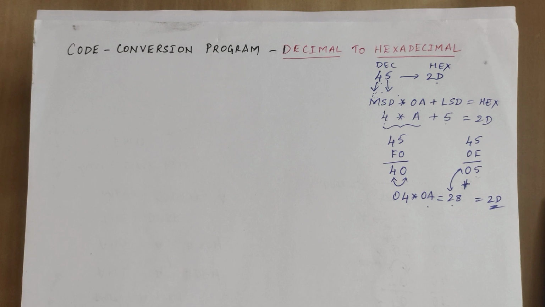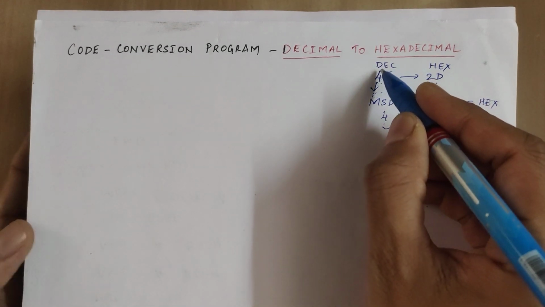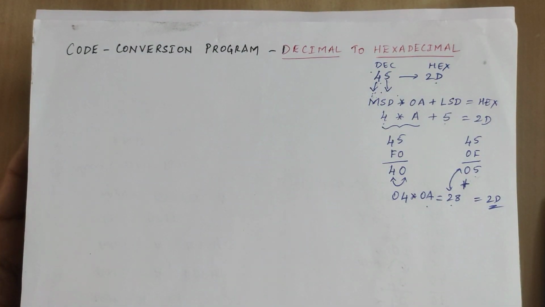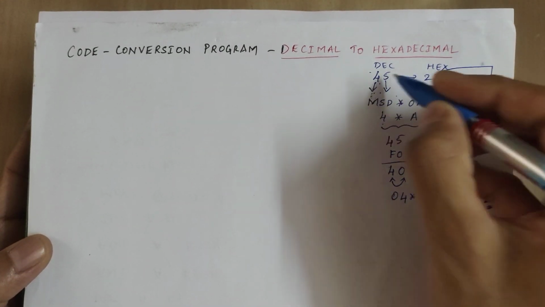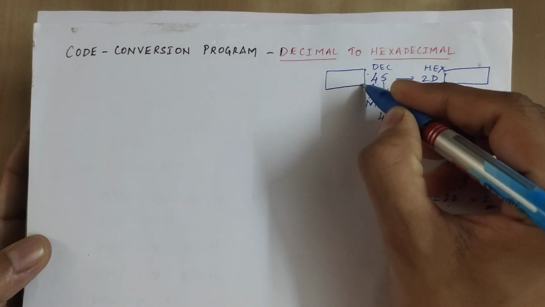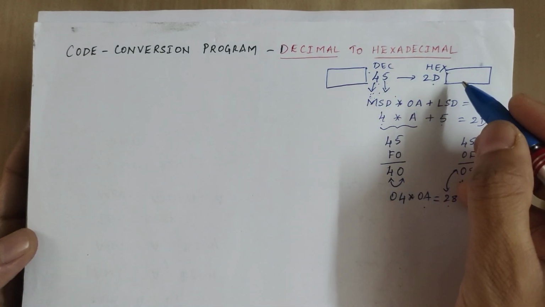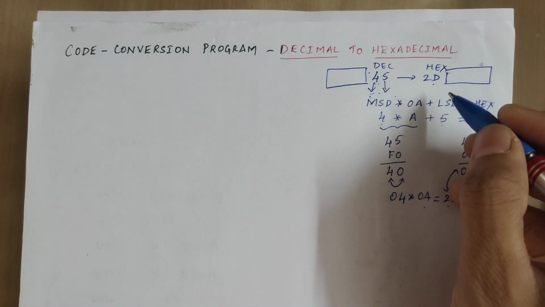So now the assumption that I am going to make here is that the hexadecimal number which is finally converted will be stored in external memory locations. The decimal and hexadecimal number will be stored in external memory locations.